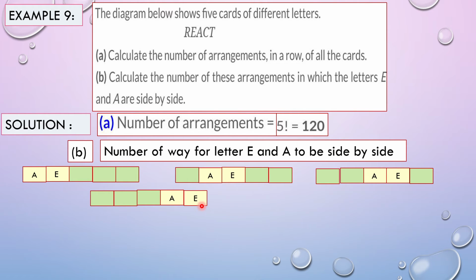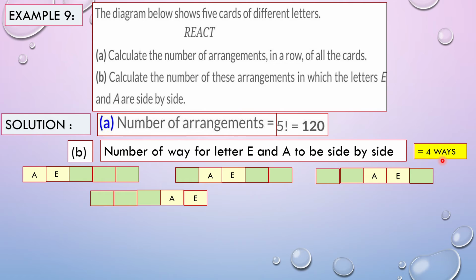Anymore? I don't think so. So these are the ways you can arrange the letters A and E to be side by side. So altogether you have 4 ways.